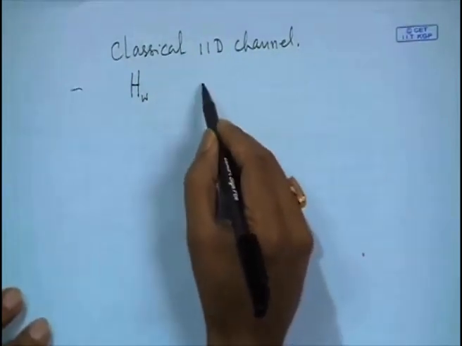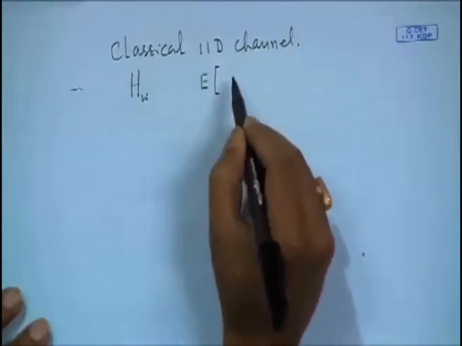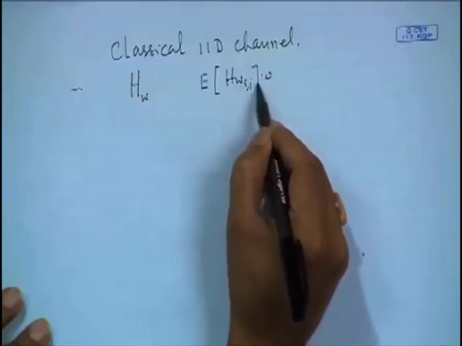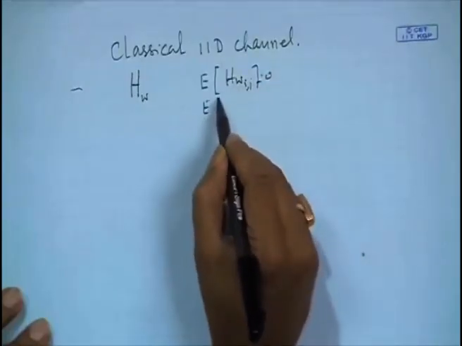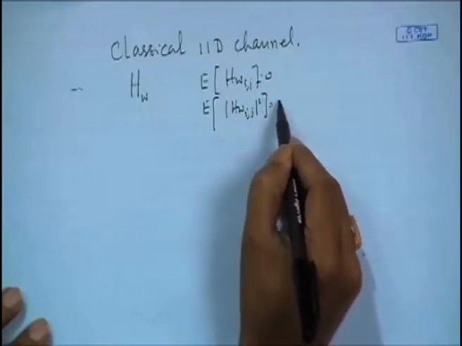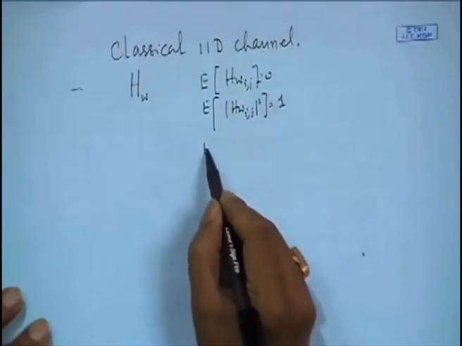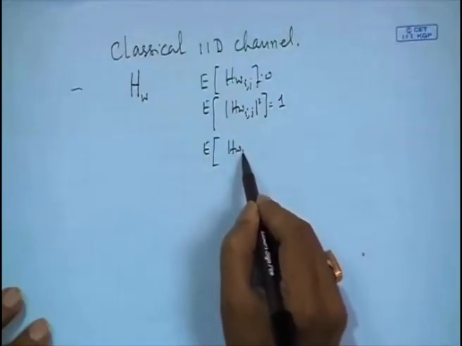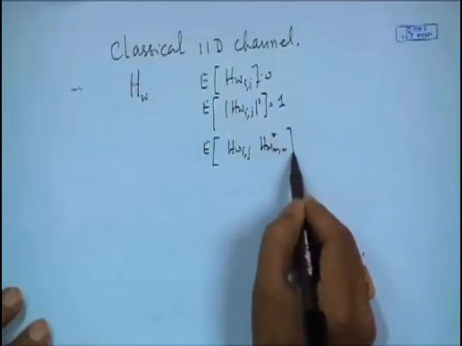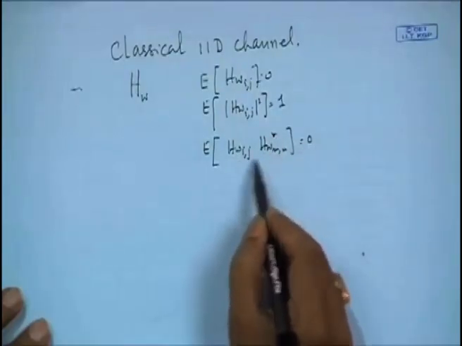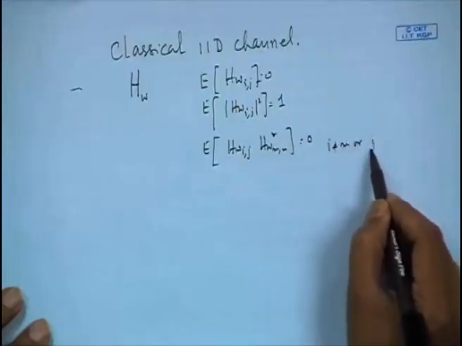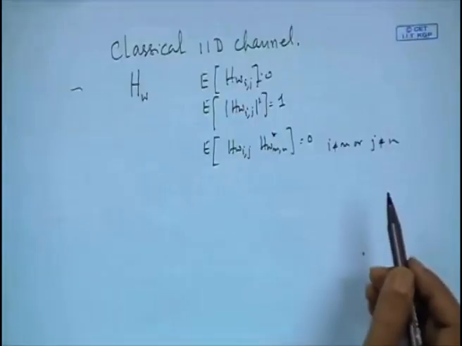And we have said that the expected value of the elements HW_ij is 0, and we have also said that the expected power of HW_ij is equal to 1, and finally the expected value of HW_ij times HW_mn conjugate is equal to 0, meaning they are uncorrelated. So it's spatially white for i not equal to m or j not equal to n. This is what we have said.